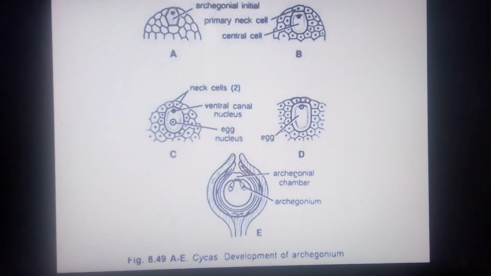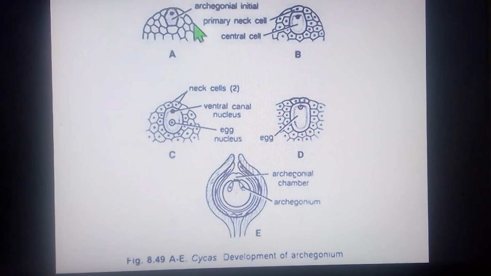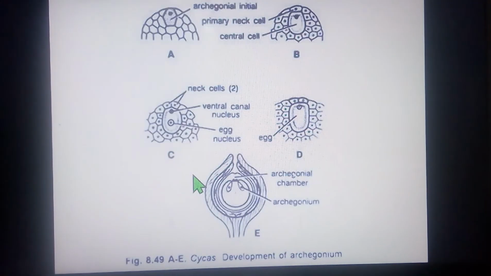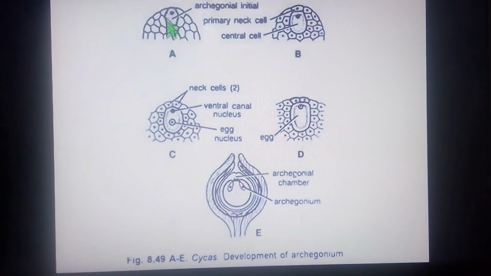Now, for the development of the archegonia, some superficial cells, around 2 to 6 of the female gametophyte, which lie towards the micropylar end, will become differentiated into the archegonial initials.